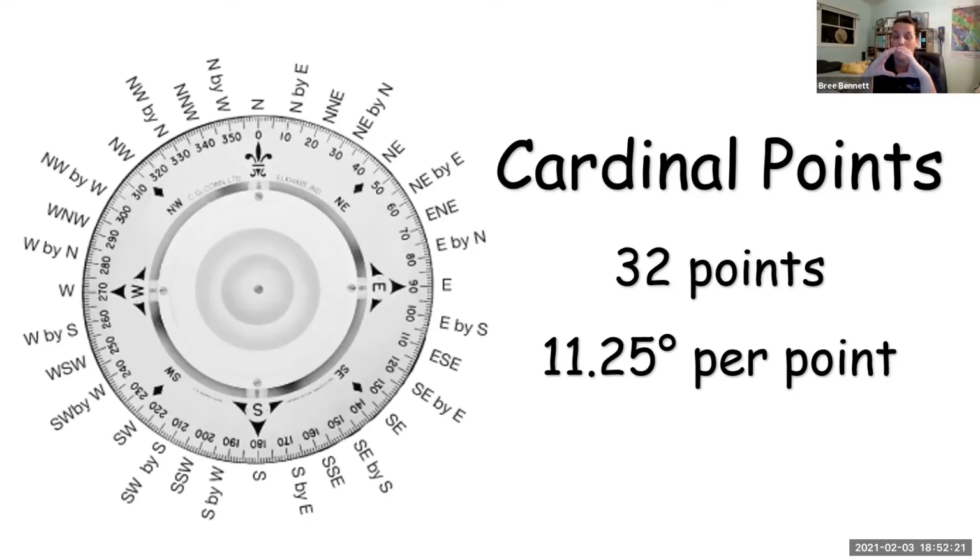But before that, we had 32 divisions. And those are called cardinal points. So those are your north, northeast, or south by west. You're basically dividing up the compass into 32 points and giving it a degree with the letters, like south by east or southeast by west or whatever it is.